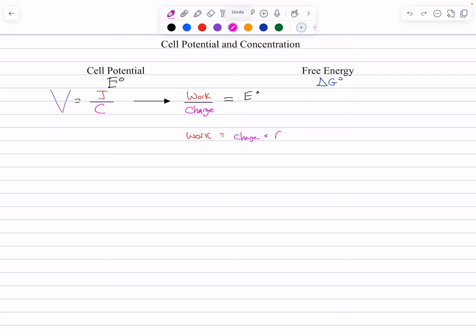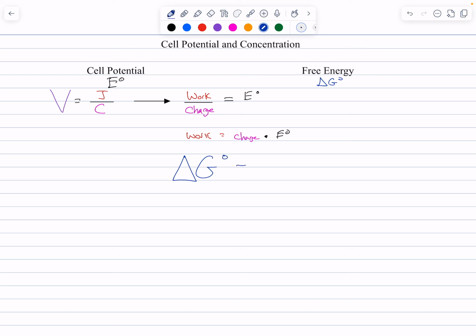Oh, it didn't change color on me. Sorry about that. So now the charge is going to be the number of electrons transferred. So we're going to break this down. The work out of this is delta G standard.